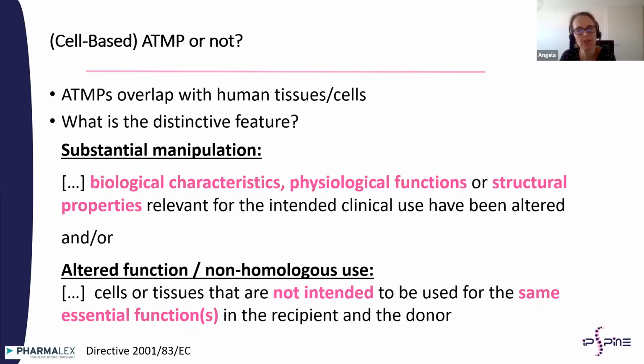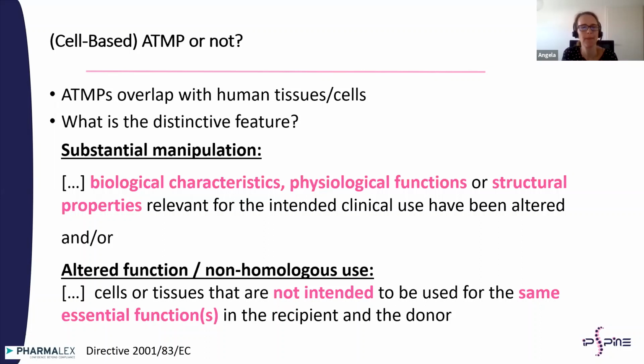Now, altered function or non-homologous use is defined as cells or tissues are not intended for the same essential functions at the donor and the recipient site. So this means even if you do not substantially manipulate your cells to this end, if you put them to some other place where they do something totally different from before, you will also be considered to have an ATMP rather than just a cell product.